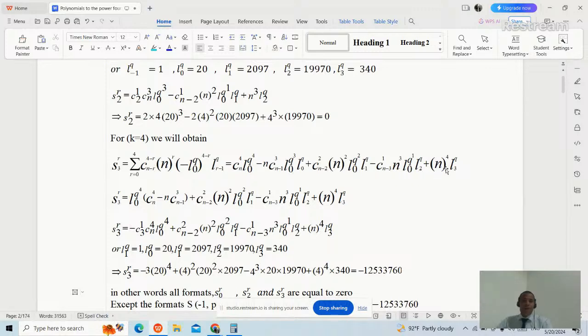Plus, when r equals 4, 4 minus 4 is 0. Therefore, the combination C(n minus 4, 0) will be 1. Then n to the power 4, times L0 of order 4 minus 4, which is 0. It remains only 4 minus 1, the last one, which is 3. It will be n raised to the power 4 times L3 of q.